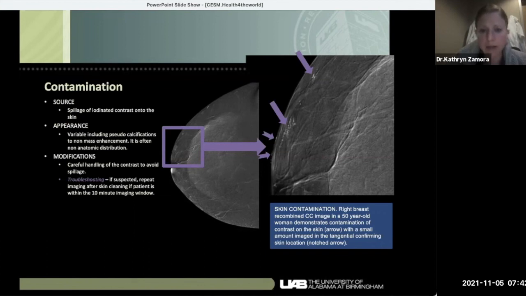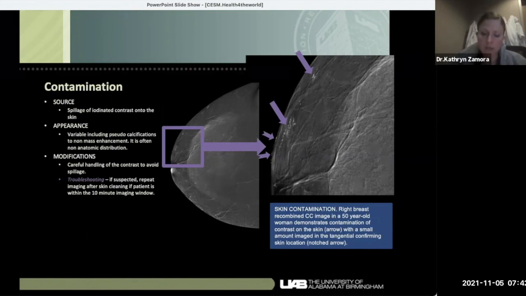We actually had some difficulty and some troubleshooting with this. There was a time when we had about 6 patients in a row that had this skin contamination. And what we realized is that the technologists actually needed to change their gloves. So we were injecting the contrast.